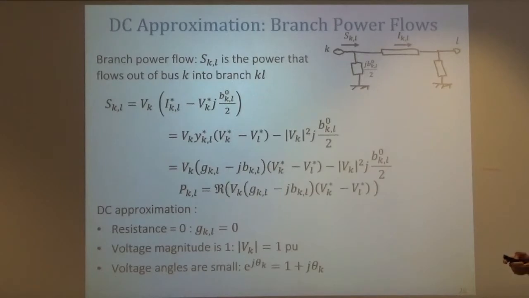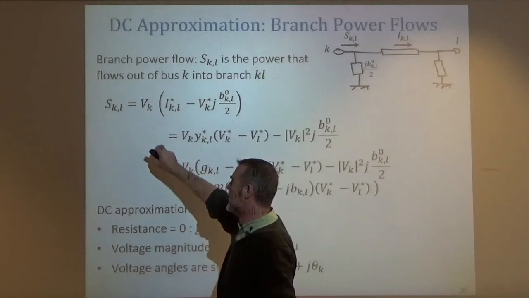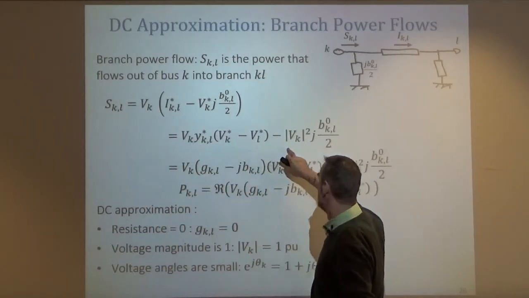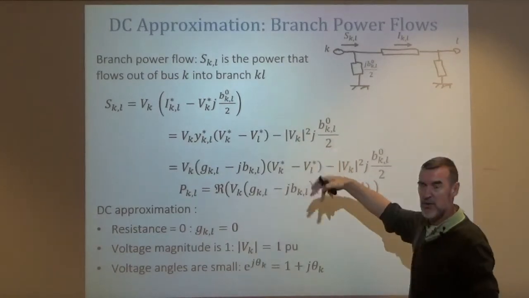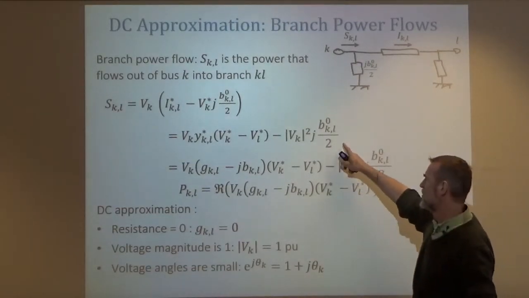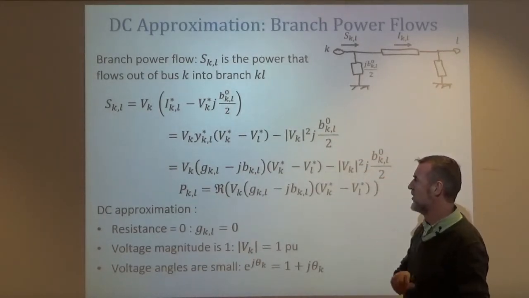In the previous examples, I ignored them to simplify the notation. If we do not ignore them, in the previous equations I had only this term for expressing the power flow on the line KL, but there is an additional term here, which translates in the admittance matrix by the fact that the diagonal terms of the admittance matrix have an additional component due to what are called the shunt elements. So those are the exact values.